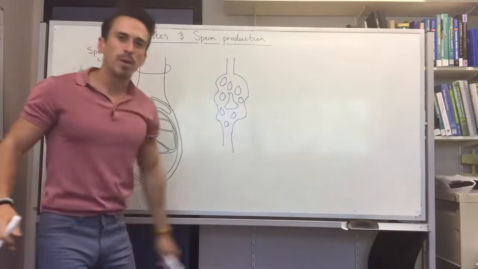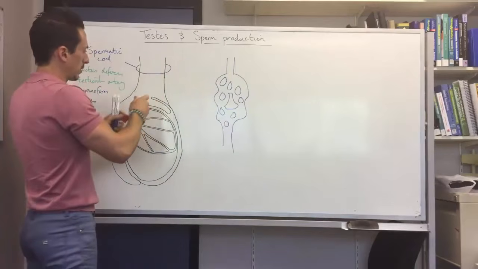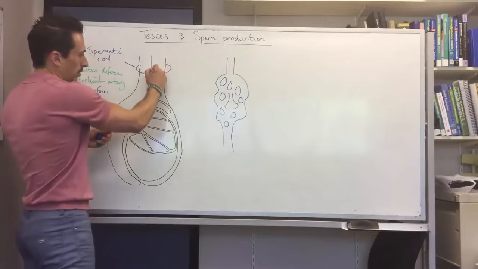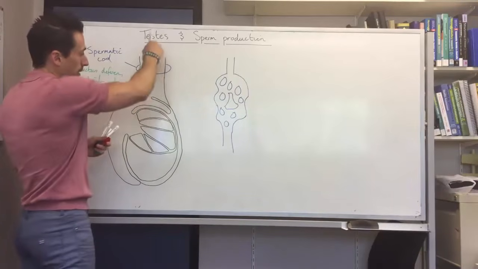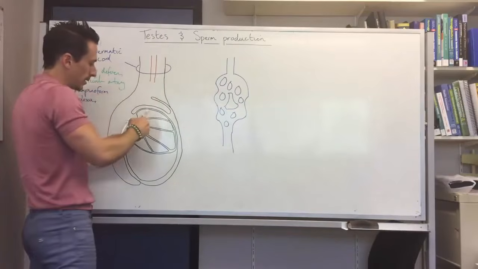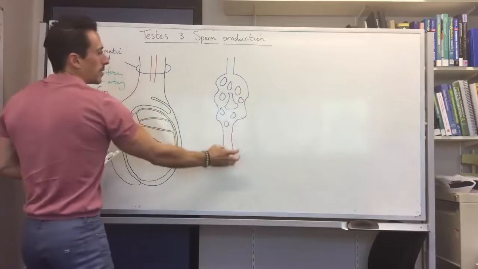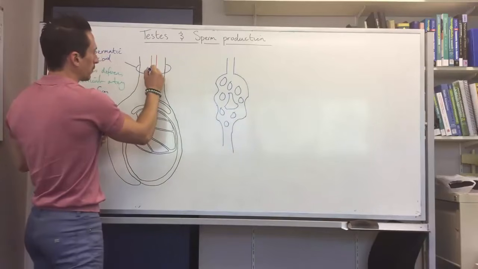So remember you're going to have the branch of the abdominal aorta, which is the testicular artery coming down, providing warm, nutrient-rich blood to the testes. And then you've got this pampiniform plexus coming up right next door to it.